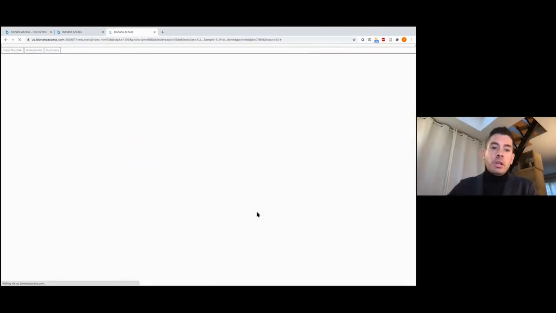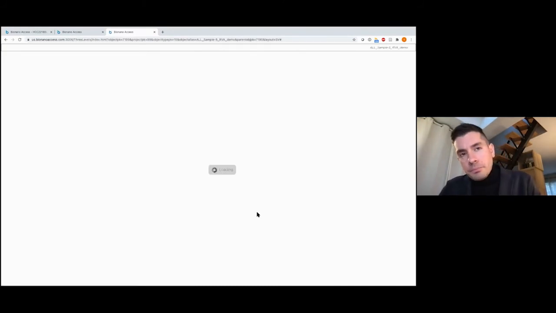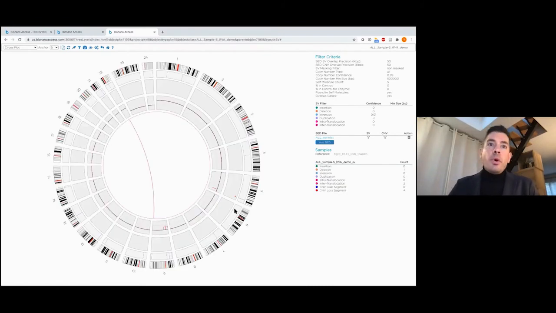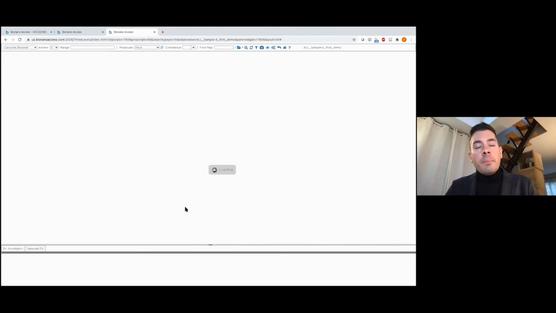And in just a few clicks and just a few seconds, I will have just the filtering of this genome-wide information that will allow me to focus only on the variants that are overlapping with genes that are reported to be clinically significant in this cancer.